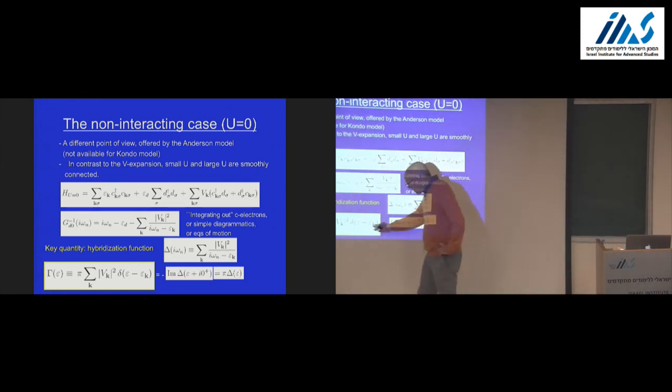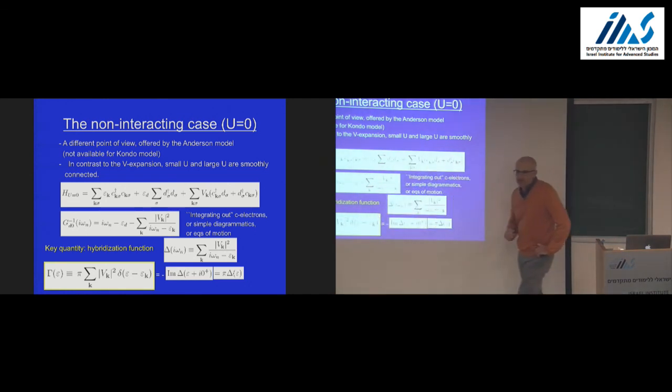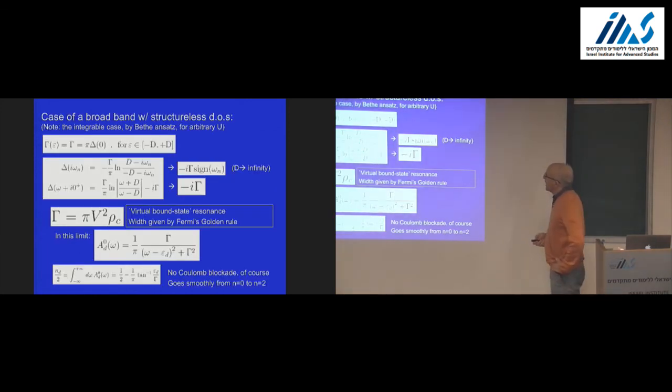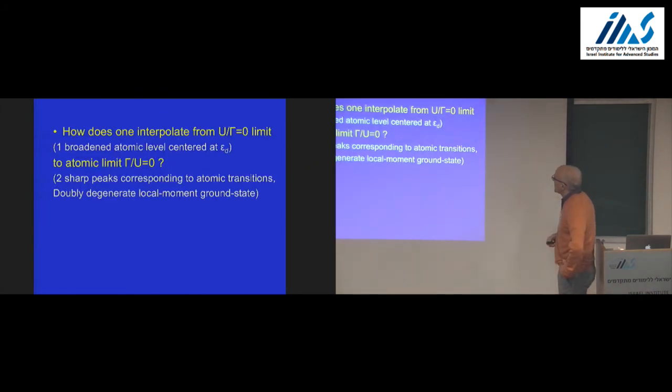So for, let's say, a very flat conduction electron bath and a V that wouldn't depend on k, this would be pi V squared density of states, which is what you expect for broadening that level by coupling to an environment. Okay. So let's now go on, and so that's what I was saying. You just get an i gamma from this continuous thing.